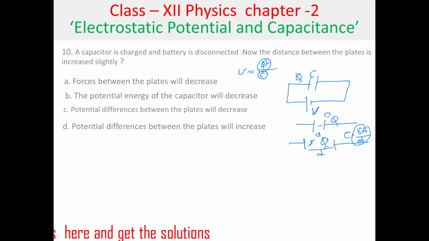Q square by C. Q is constant because no supply is there right now, and the plate separation of the capacitor. Go to the question again. A capacitor is charged and battery is disconnected. Now the distance between the plates is increased slightly.